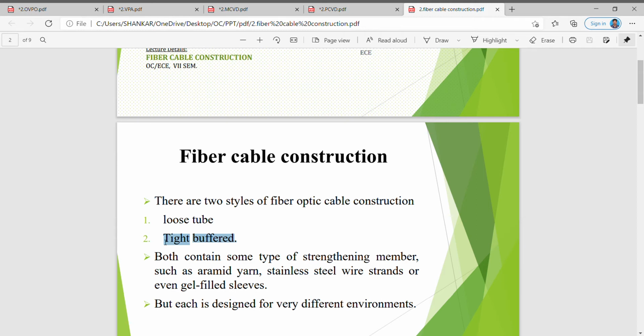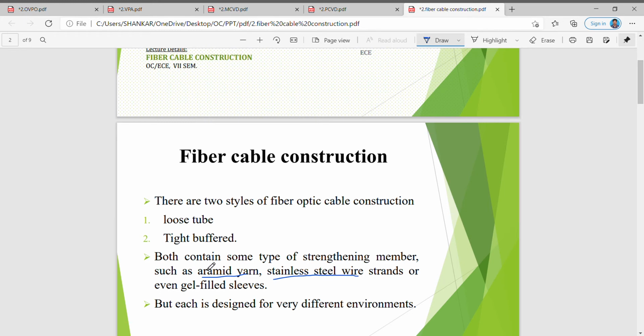In both the cables, whether it is loose tube style or tight buffer style, in both methods there are some materials which are used to construct the cable. Those are represented as aramid yarn and stainless steel wire.